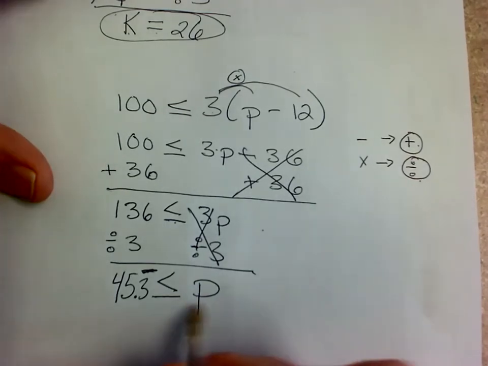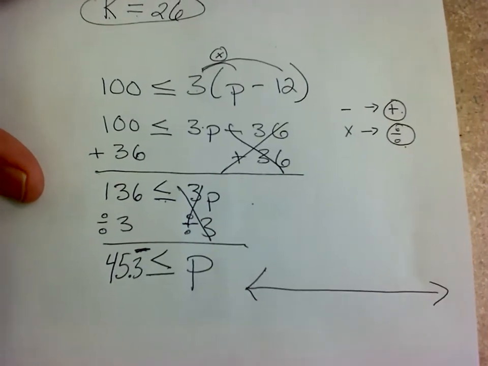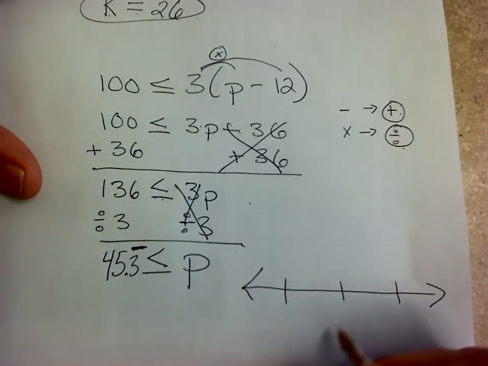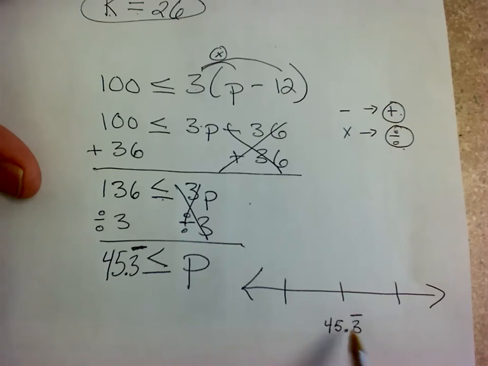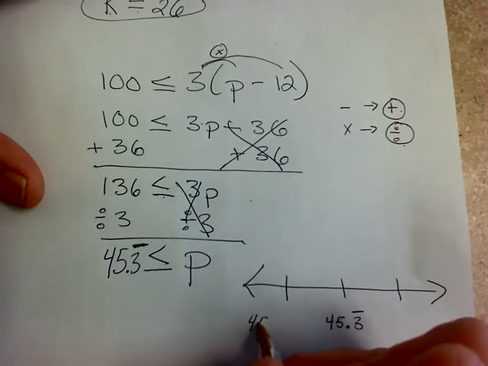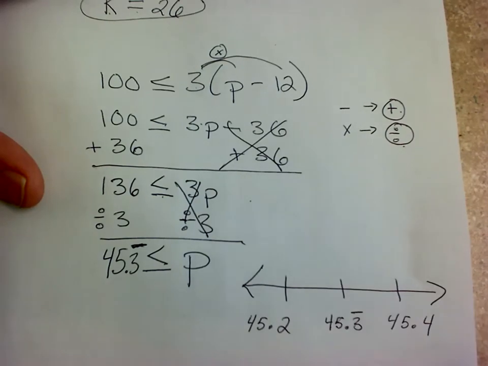Inequality symbols require graphs to go along with them. Whatever value we come up with, that's what we're going to place as our middle number. 45.3, with 45.2 on one side and 45.4 on the other.